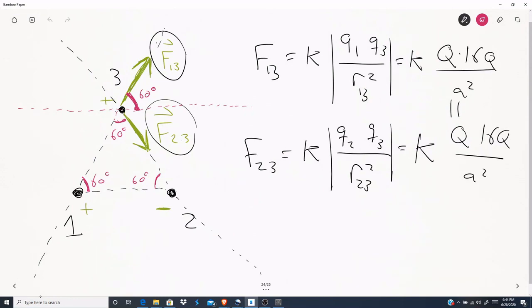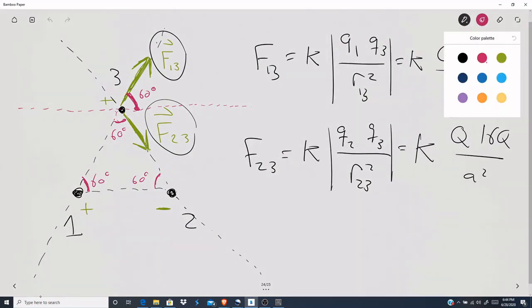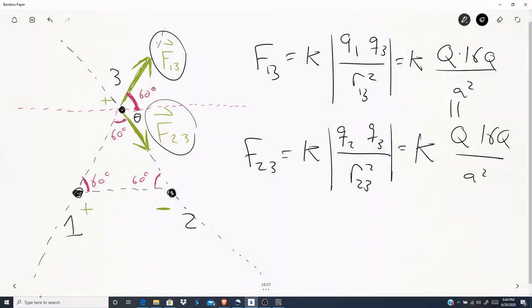Next, if I label this angle as theta, then I know that 60 plus theta plus 60 had better equal 180 degrees because these three angles are supplementary to each other, right?